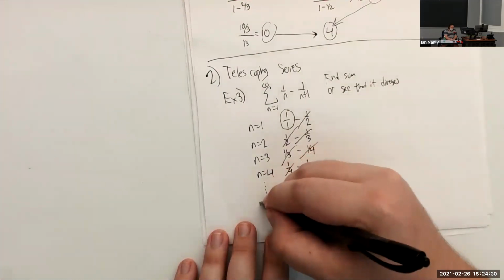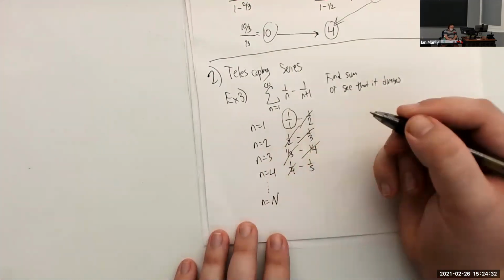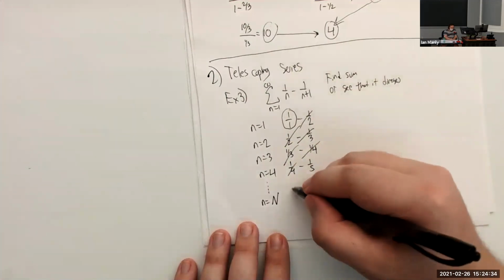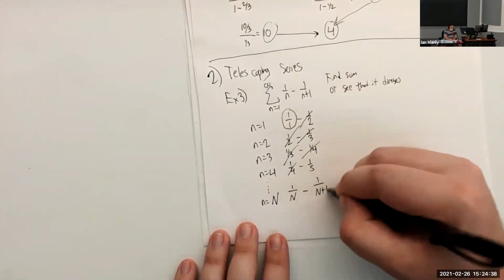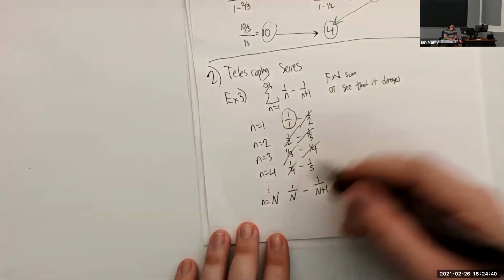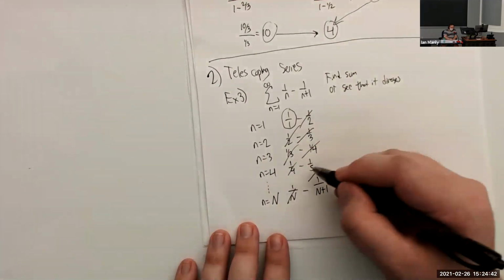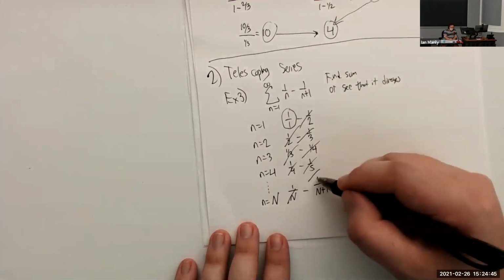So let's say I get down to some number big N, right? Then we have 1 over big N minus 1 over big N plus 1. Now, presumably on the previous step, this would have canceled with something up here. So then I'm just left with this.